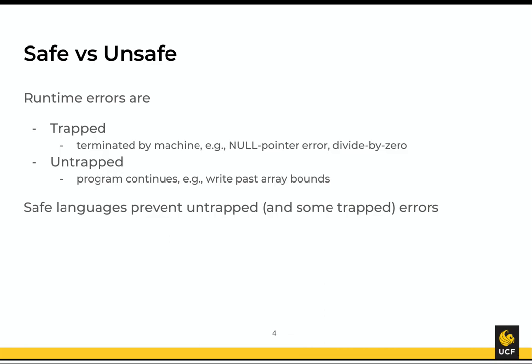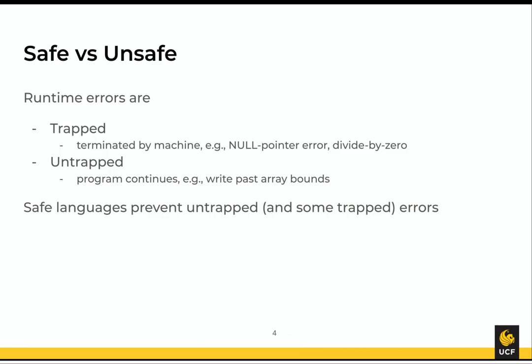You get a seg fault because you wrote some code that's trying to access some memory that the operating system does not allow you to access. So the processor throws an exception, the operating system catches it, terminates your program, and sends you a signal that says you got a seg fault. Those are trapped errors, things that are caught by the hardware or by whatever virtual machine you're running on.